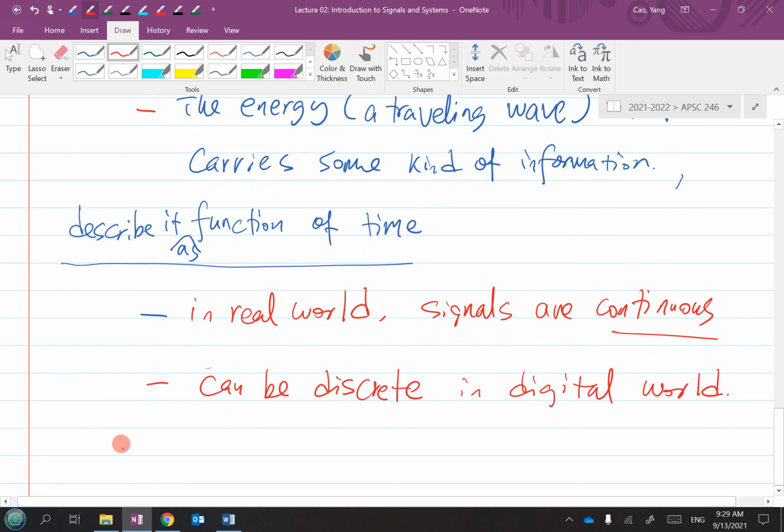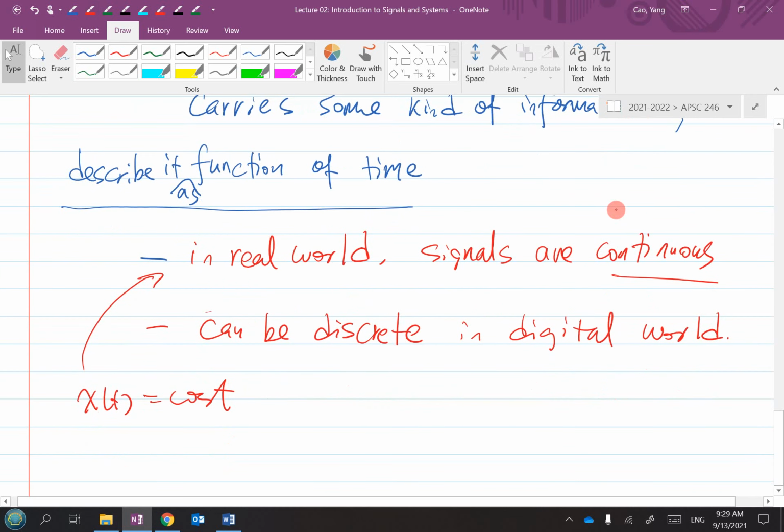Now, in terms of writing, if you write x(t), most probably you're writing a continuous signal, for example cosine t. For a discrete one, you may write x(n), cosine n, for example, where n equals 0, 1, 2.